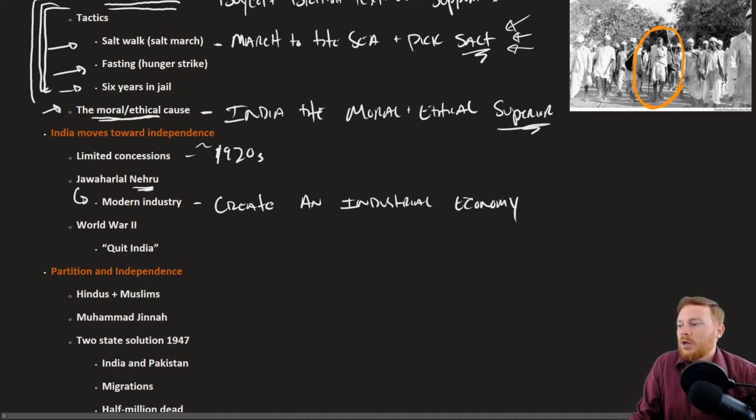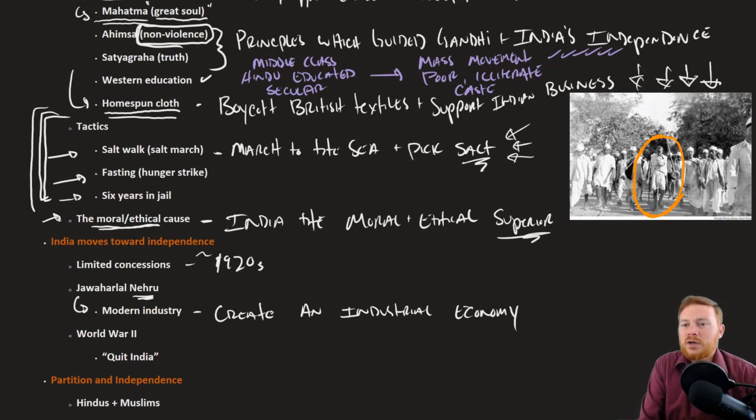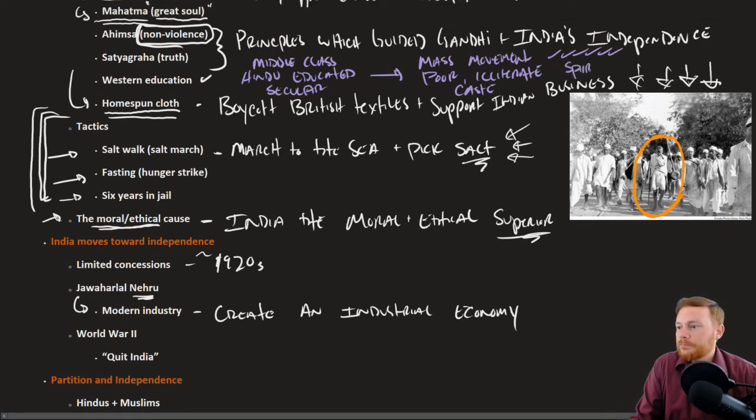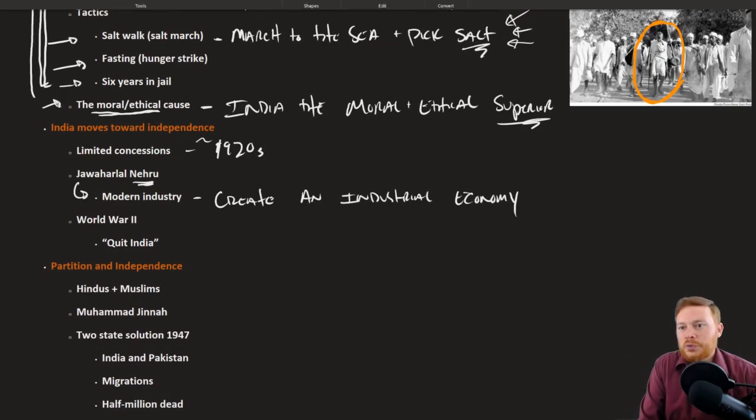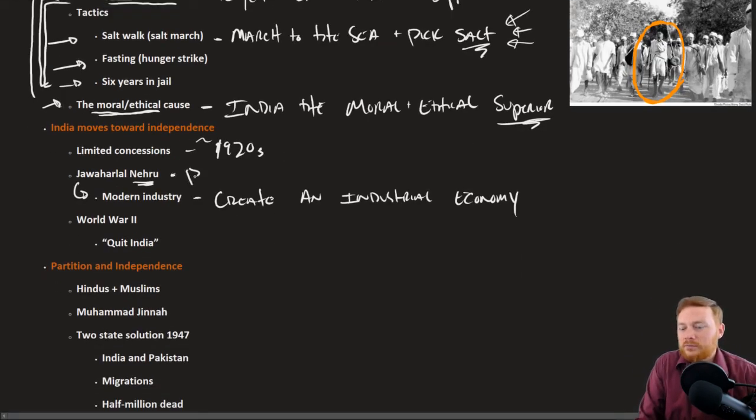One thing is that Gandhi was very much a spiritual leader. Nehru, we might say, was more practical. And during World War II, India was faced with a really tough decision: whether to support Britain.